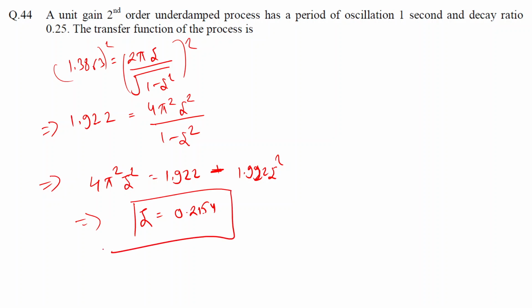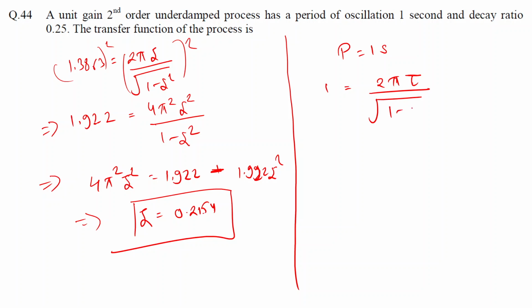Now the other parameter in the question that we have been provided is the time period of oscillation. That we had been given as 1, so T is 1 second. The formula for time period of oscillation is 2 pi tau upon under root of 1 minus zeta square. So from here we can get the value of tau, the time constant.